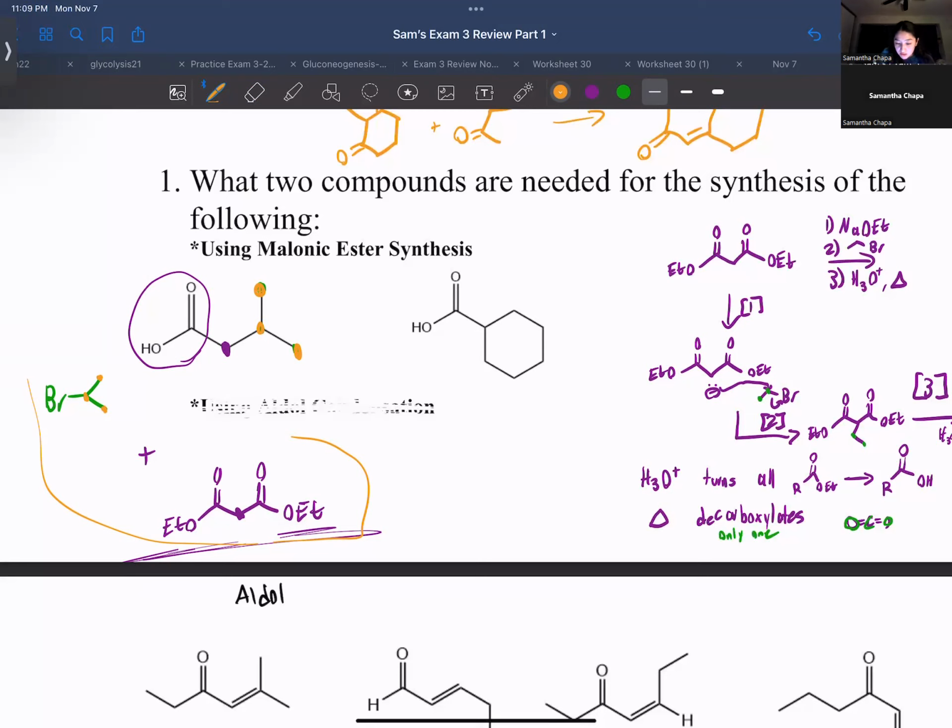So then we do the same thing with this next one. Notice how I only have 1 carboxylic acid group. Again, H3O+ turns your malonate, so that's one of my starting materials over here. Always one of my starting materials.